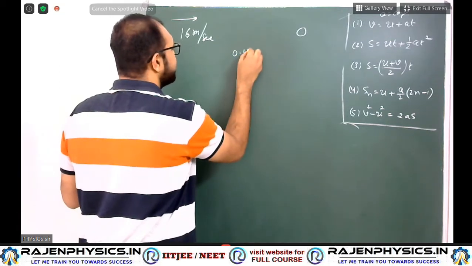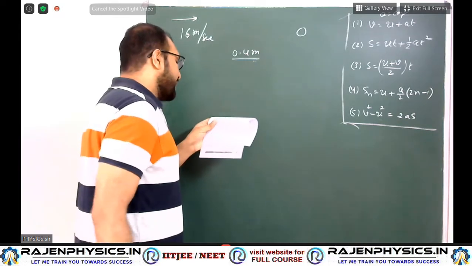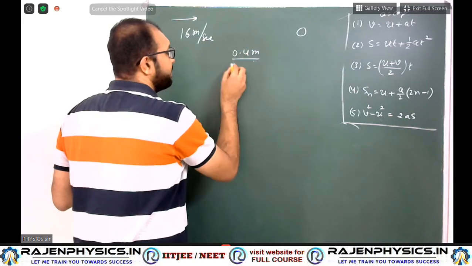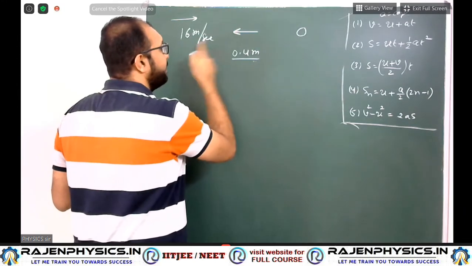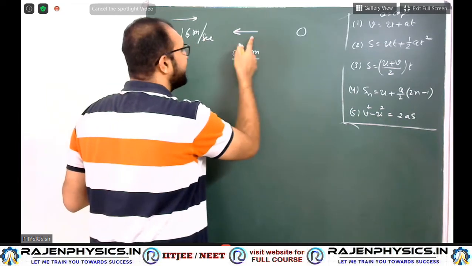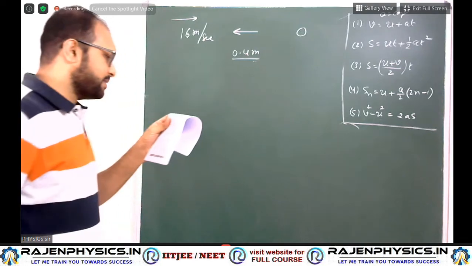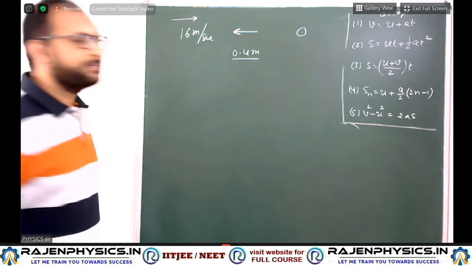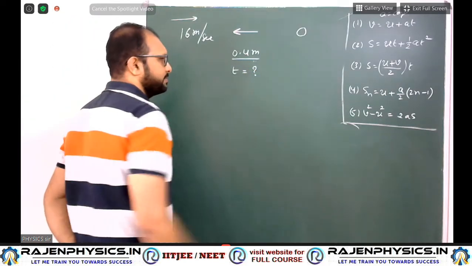This is the distance. Under the influence of uniform retardation, the acceleration is definitely opposite, that's why speed reduced from 16 to 0. Displacement is 0.4 meters. Find the time taken during the retardation. Students, t equals question mark.